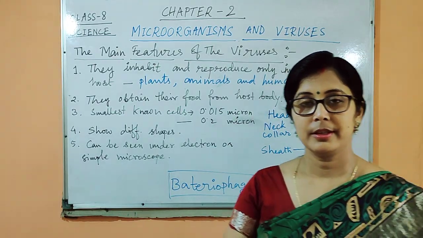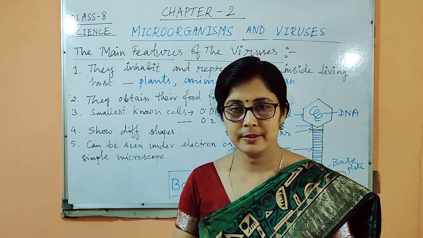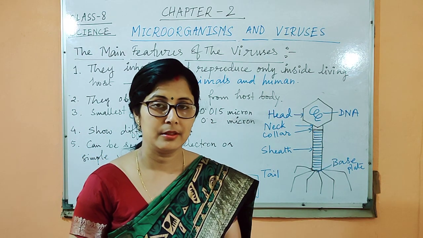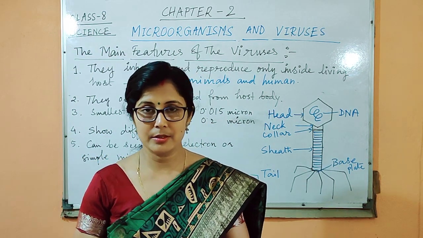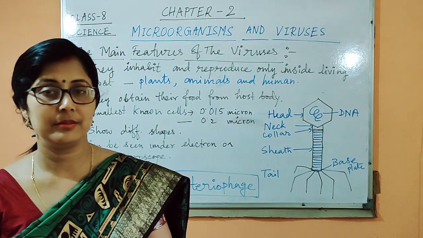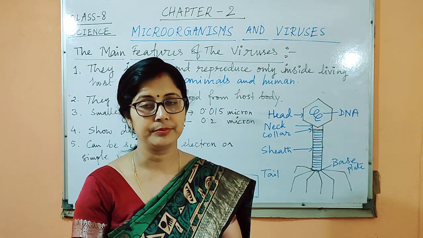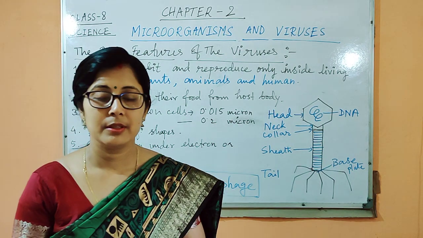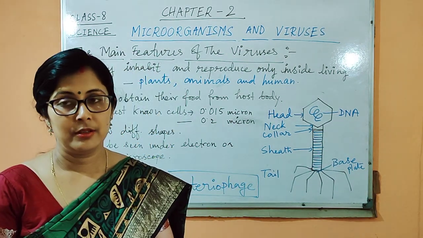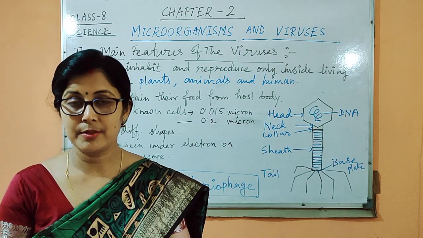So TMV or tobacco mosaic virus of tobacco plant, influenza virus which infects human and other animals, foot and mouth disease virus which infects the cattle mainly, measles virus infecting human and other animals. So you can see there are different types of viruses, even more than these.